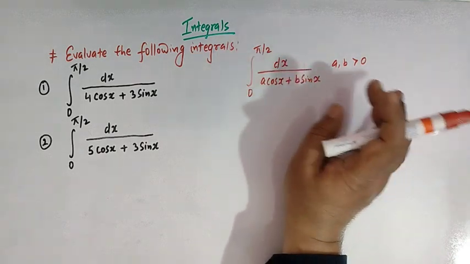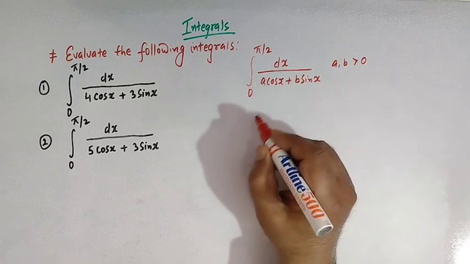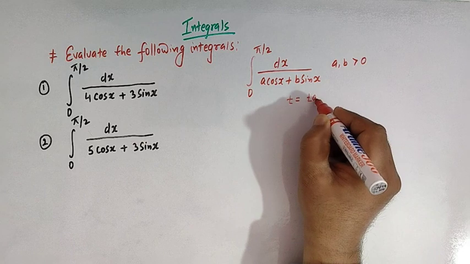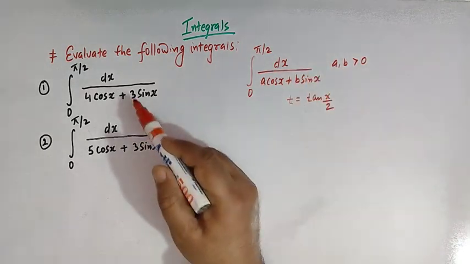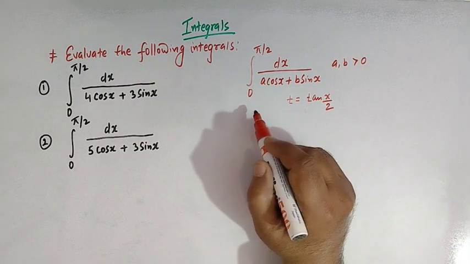We can solve this type of integral by taking the substitution t is equal to tan x over 2. We have already solved these types of problems in the usual way in our previous videos.